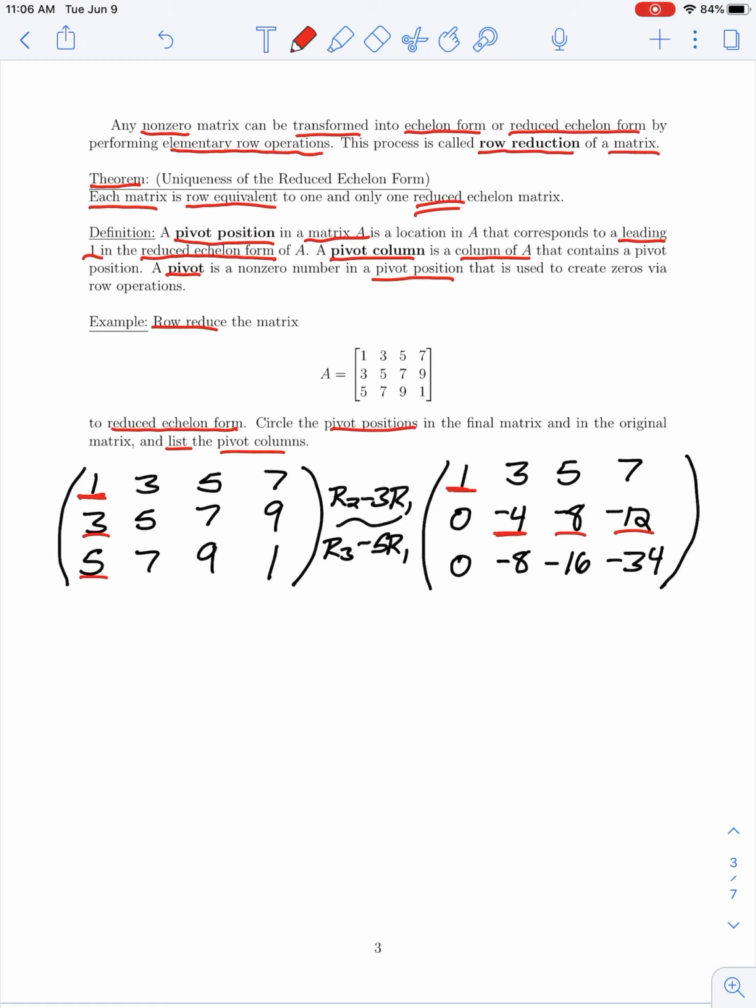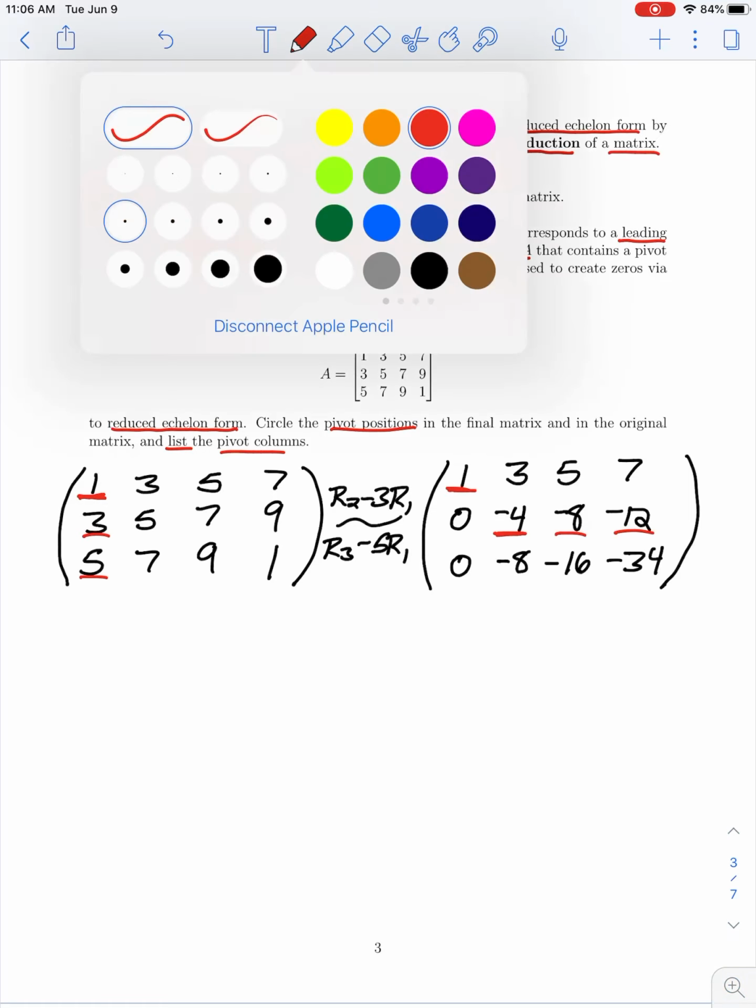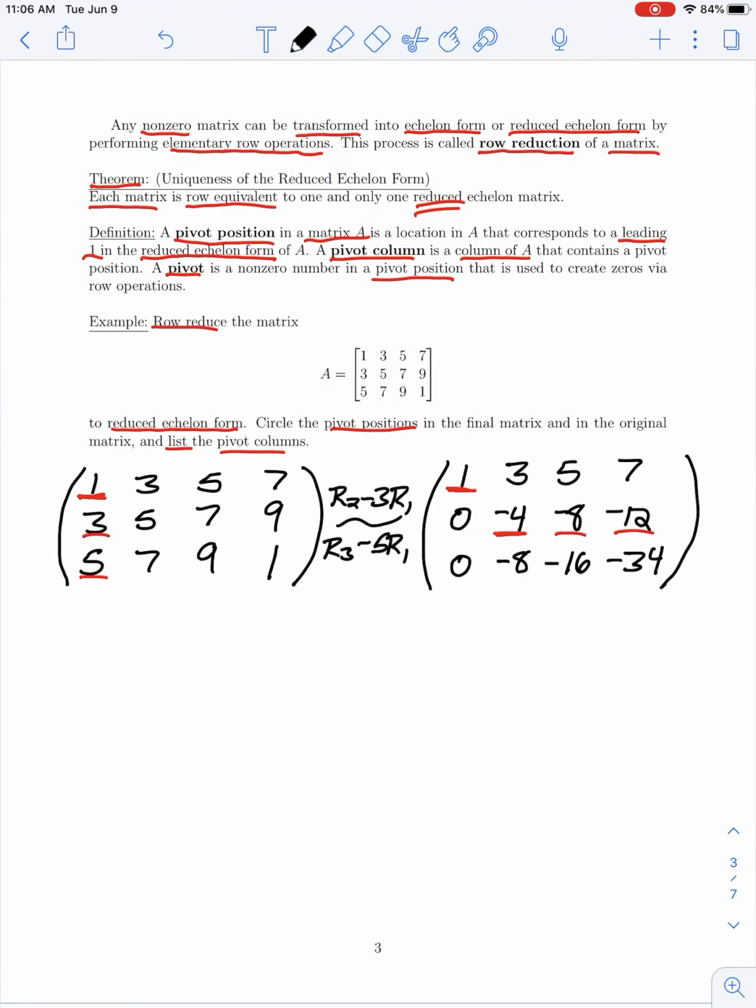So if I wanted to get a positive 1 for the leading entry in that second row, I could simply take my second row and divide through by -4, or take -1/4 of my second row. So let's see what this gives us. Our first row is still 1, 3, 5, 7. Our second row, dividing through by -4, becomes 0, 1, 2, 3.